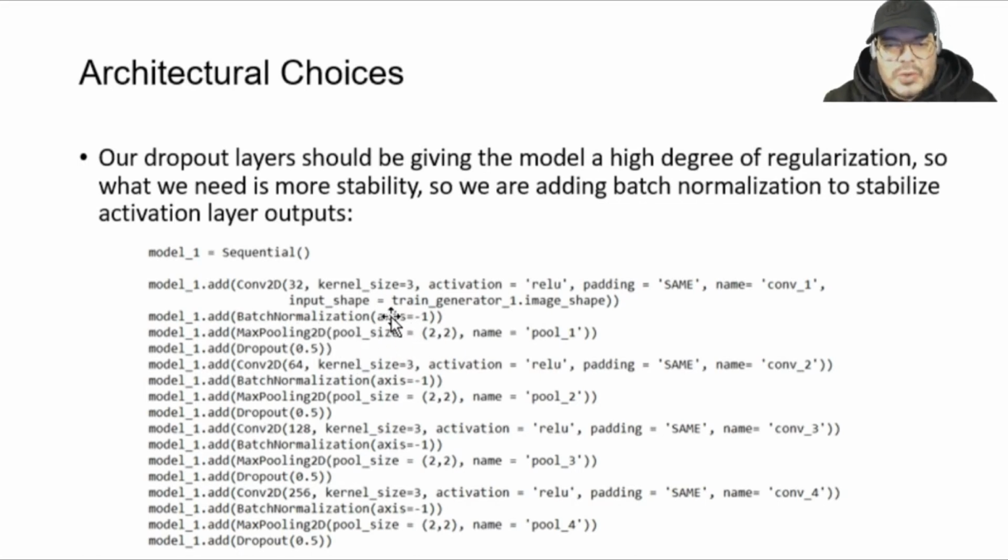And then note that the axis is axis -1, which is the color. And we're going to normalize our data. So it's just going to have one channel, but that channel, it really helps out if you check the literature to add batch normalization. So we're going to go ahead and add that.